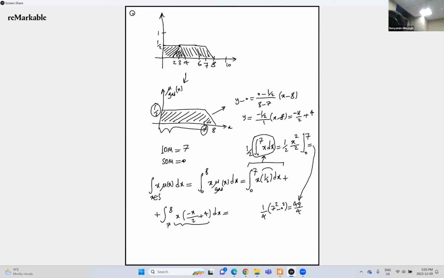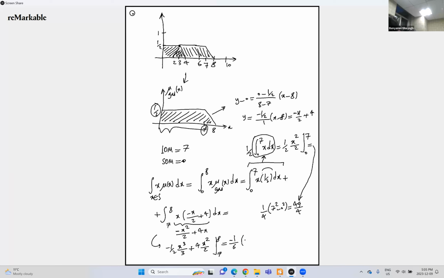So this has two parts, minus x times x squared over 2 plus 4x. So it becomes minus half x cubed over 3 plus 4x squared over 2. Again, the constants go away. 7 to 8. So it becomes 1 minus 1 over 6.